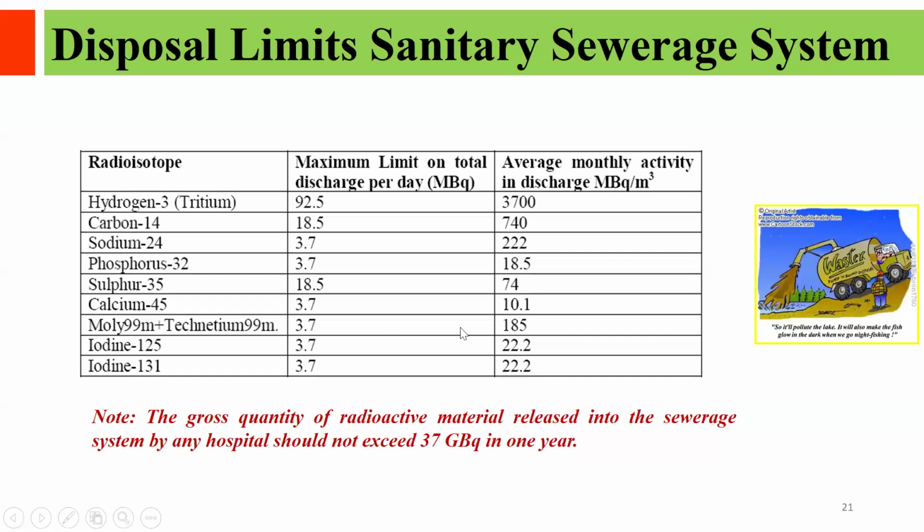And in case of molybdenum, it should be 185 megabecquerel per meter cube, and similarly for technetium. Thus, the daily discharge and average monthly concentration for these isotopes should be less than these limits, but with a note that the gross quantity of radioactive material released into the sewerage system by any hospital should not exceed 1 curie or 37 gigabecquerel in a year.